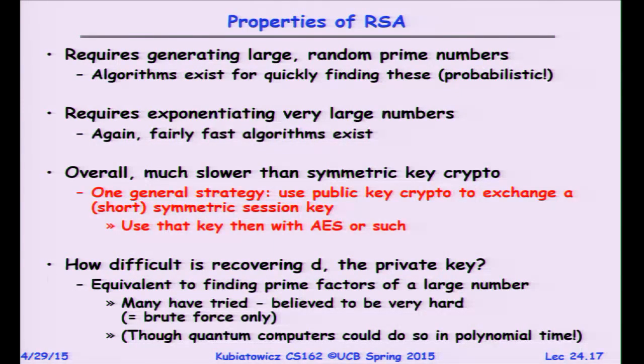There is this rather amusing thing at the bottom of the screen here, though, which is that in theory, quantum computers, if they existed, could factor large prime numbers in polynomial time. And so you can kind of see why certain three-letter agencies, who will remain nameless, like to fund quantum computing research. Because in theory, if you had a large-scale quantum computer, you could break everybody's RSA keys.